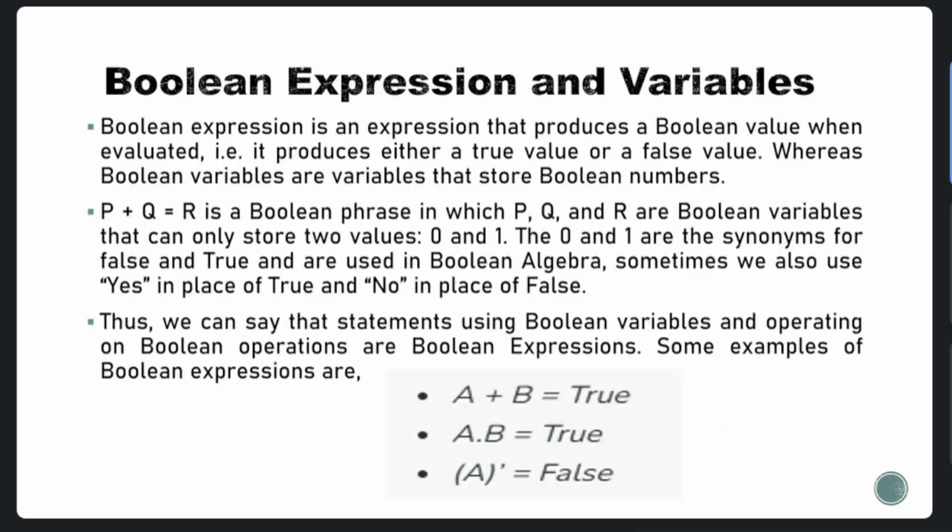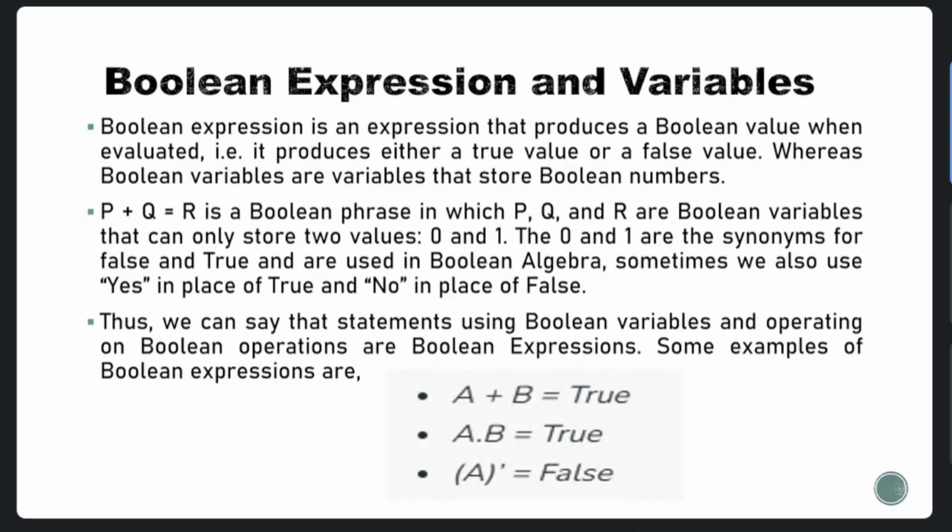So, Boolean expressions and variables. A Boolean expression is an expression that produces a Boolean value when evaluated. It produces either a true value or a false value. Whereas Boolean variables are variables that store Boolean values.